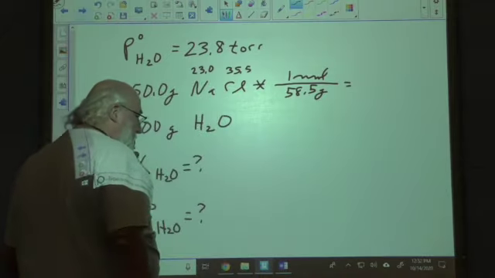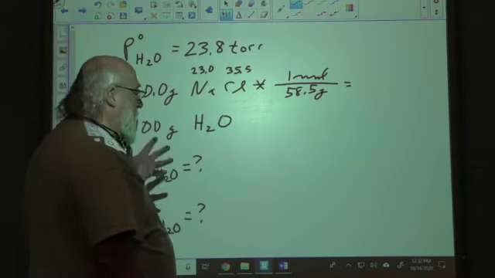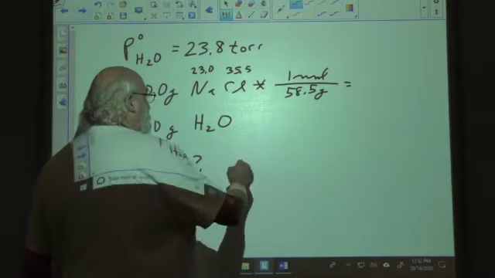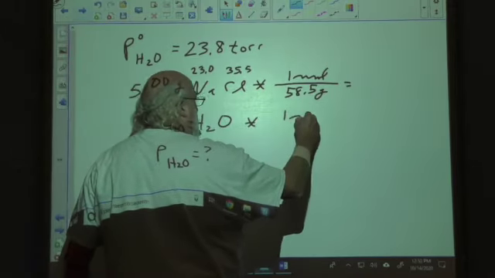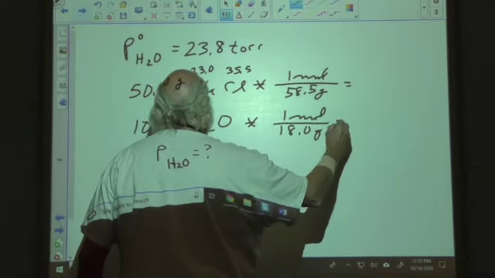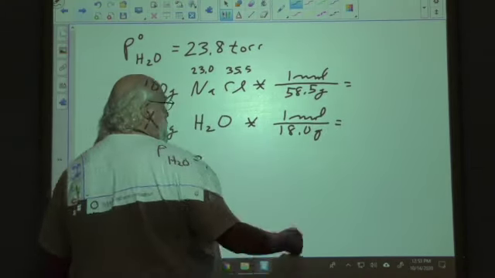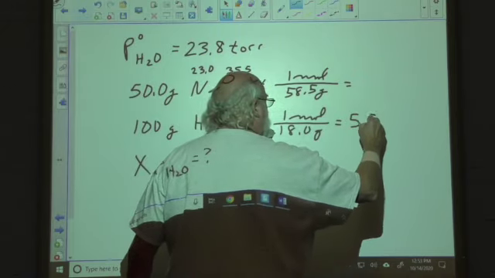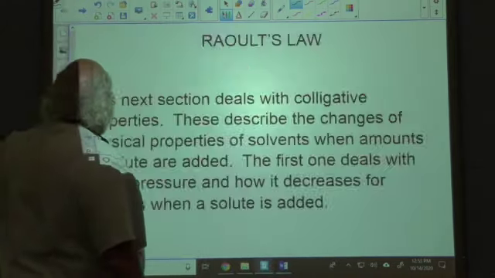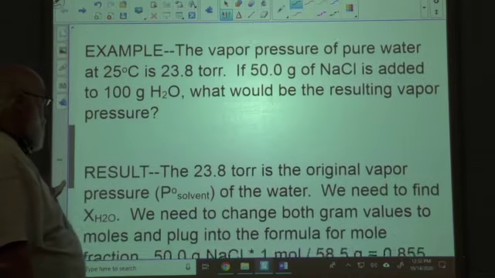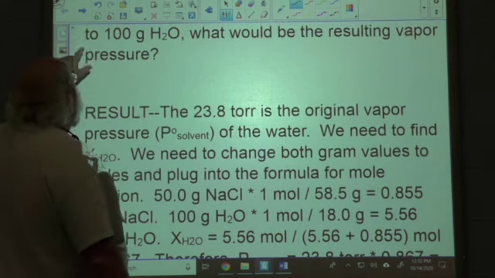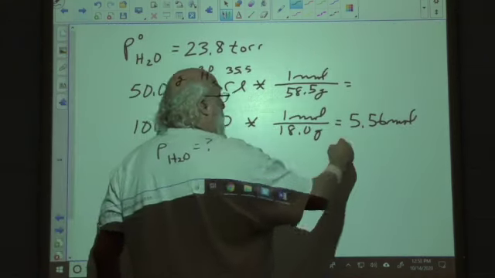And the answer is something like 0.867, but I'll check it when we get to that point. 100 grams of water, multiply that by 1 mole over 18.0 grams. And this is going to give us something like 5.56 moles. Let me check on that answer for the first one here. 0.855 moles. Okay, I was off a bit on that one. So 0.855.